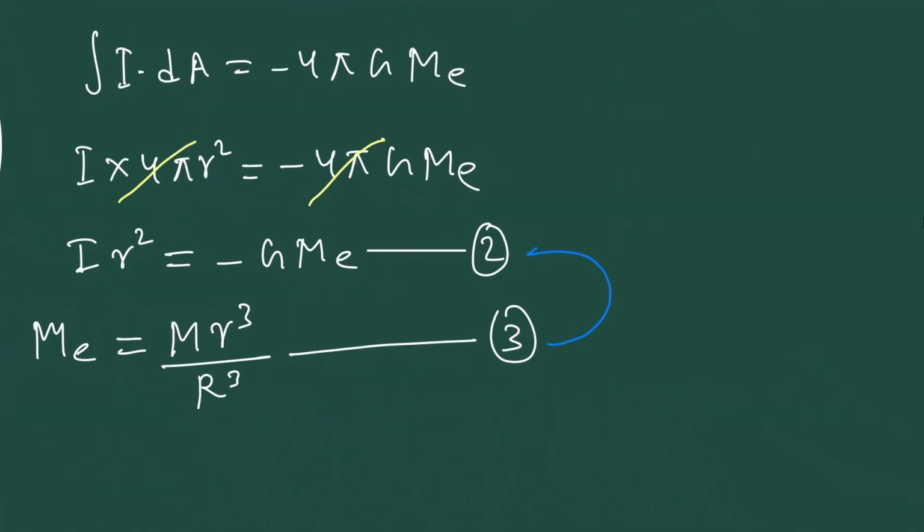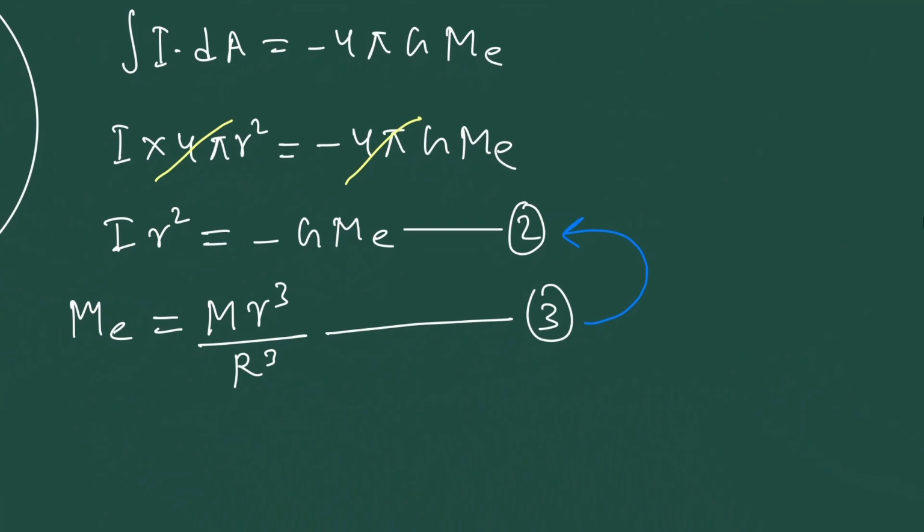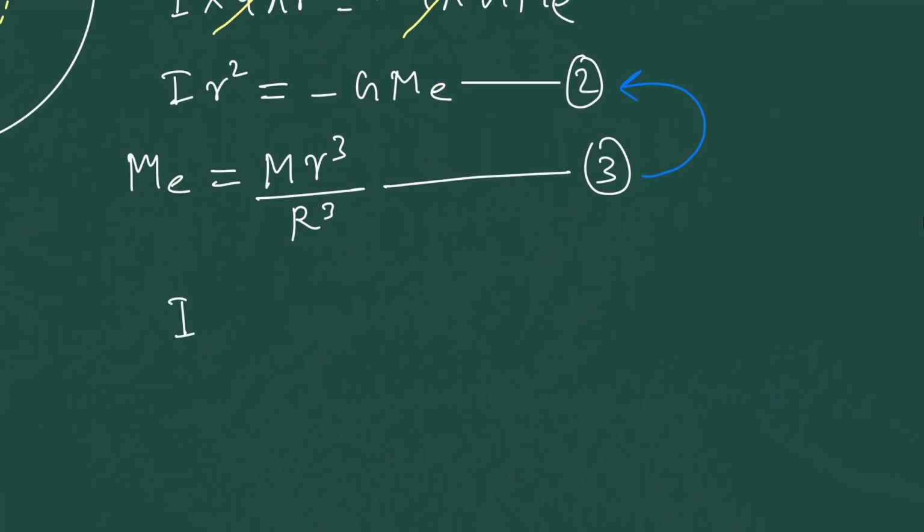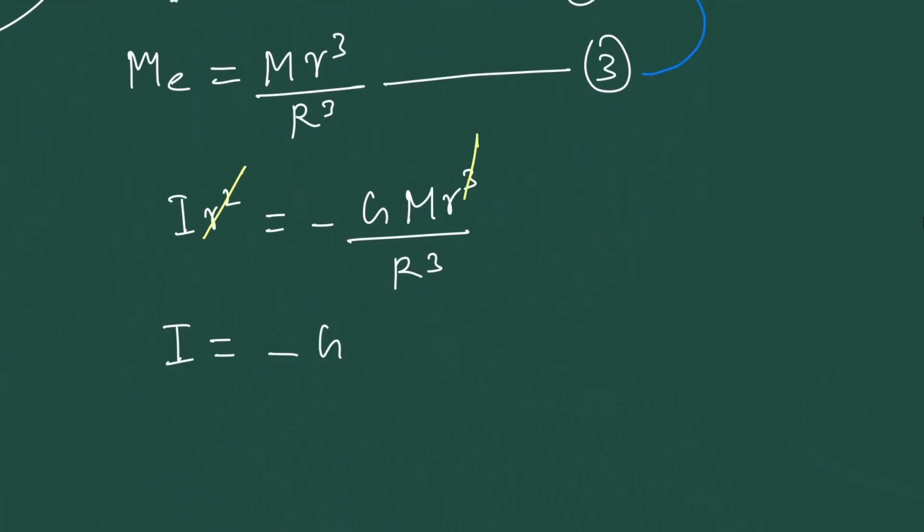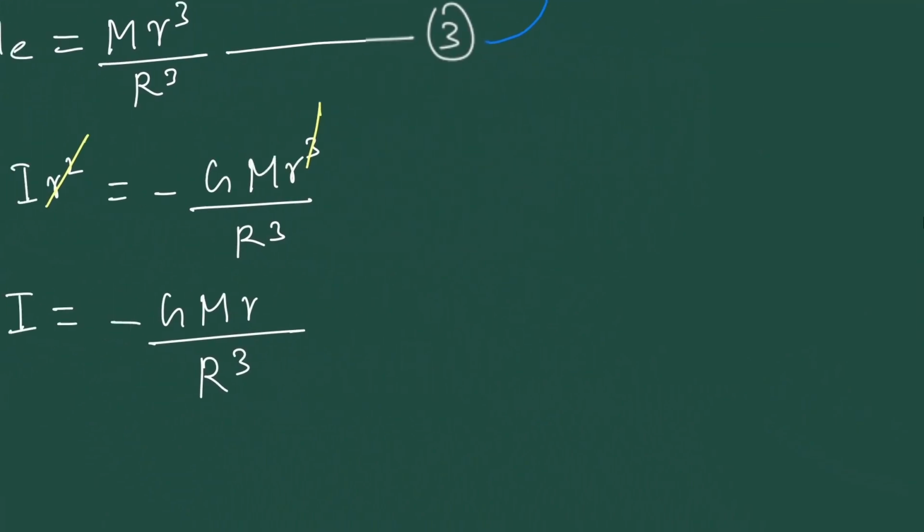Now if I substitute equation 3 into equation 2, we are going to get I r square equals minus g times M small r cube divided by capital R cube. This r square and r cube get cancelled out and we are left with I equals minus gM small r divided by capital R cube.